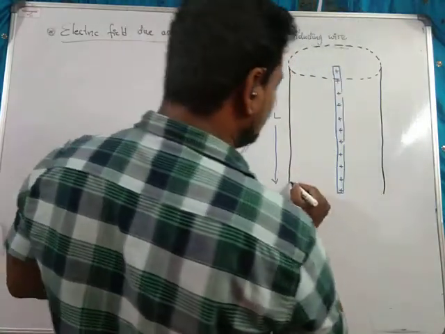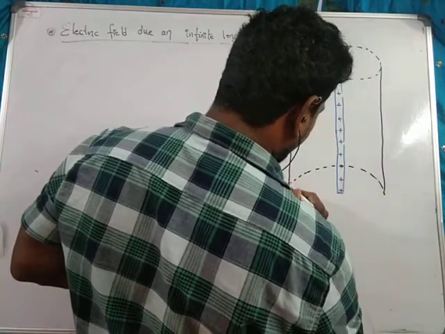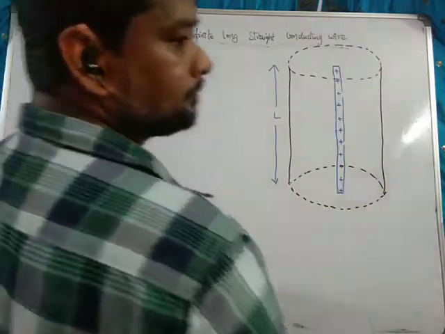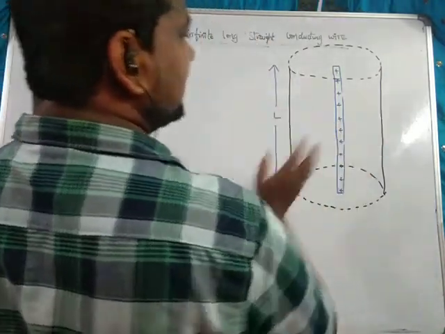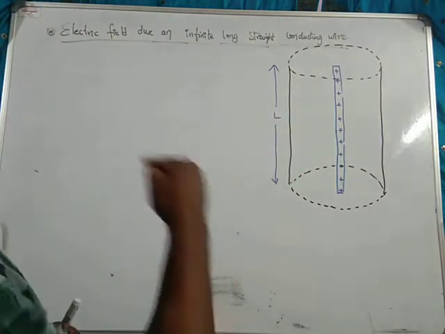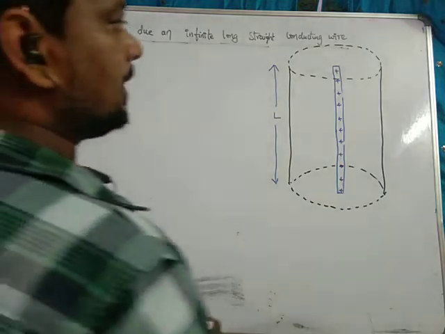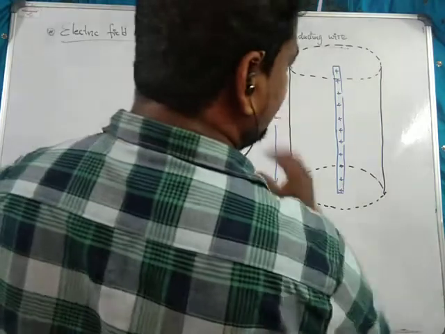Whatever the tube we consider, we will consider some imaginary tube around it. Inside we have the wire, and around it an imaginary part with the same length. Here we consider a Gaussian surface.